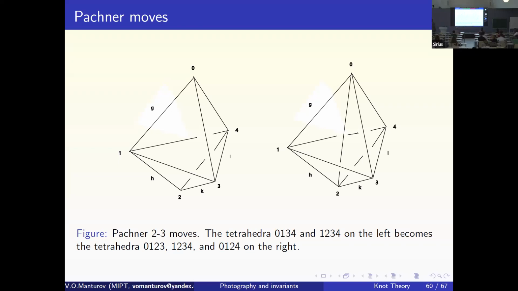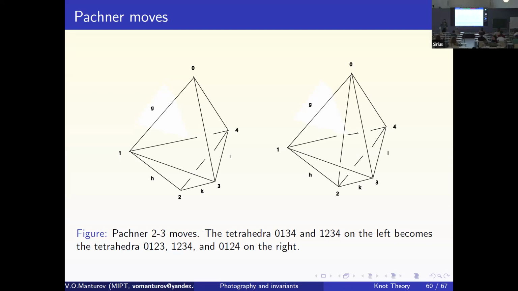If we associate some elements of the abelian group to edges, then we can say this is additive: if we have an edge AB and an edge BC, then the label of the edge AC should be equal to the sum. If we are in the abelian group, we can say sum, not product. And this is one part of the naturality. One part of the naturality is that we have naturality for edges.